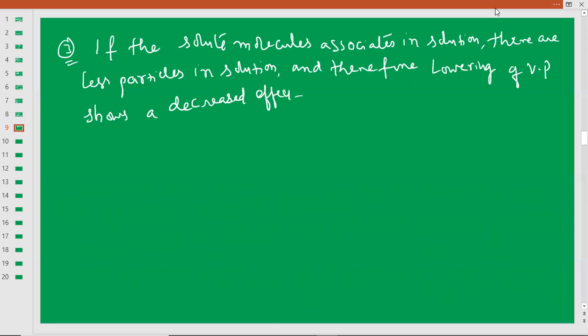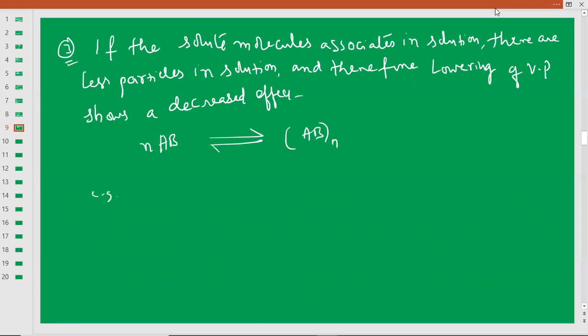So what I understand is, if you take n moles of a solution AB, if it associates into polymers, then it becomes (AB) n times.